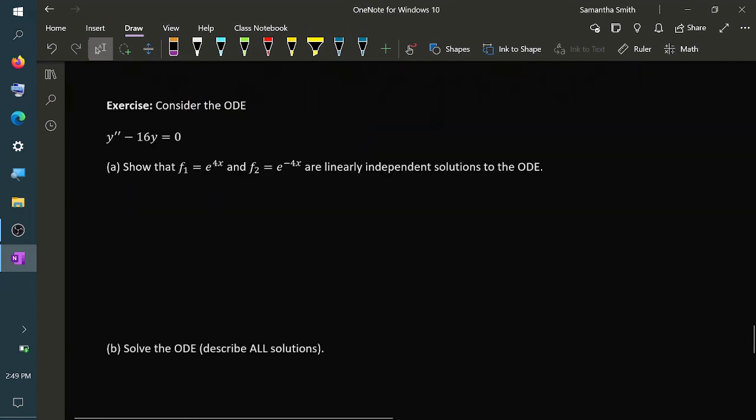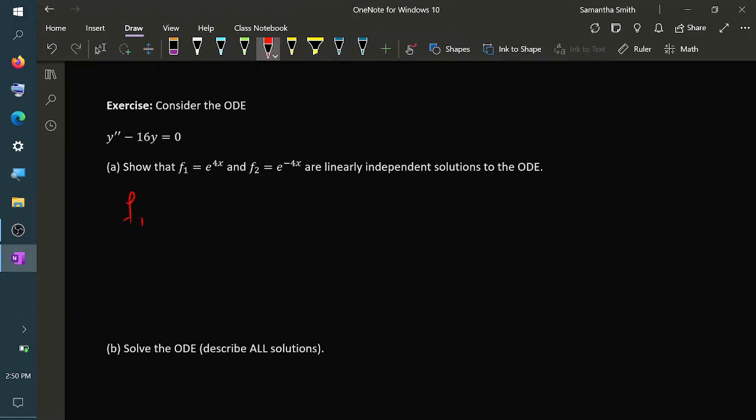Wow. For example, suppose that we have the ODE y double prime minus 16y equals 0, homogeneous second order. Let's show that f1 and f2, which are equal to e to the 4x and e to the minus 4x respectively, are two linearly independent solutions to the ODE.